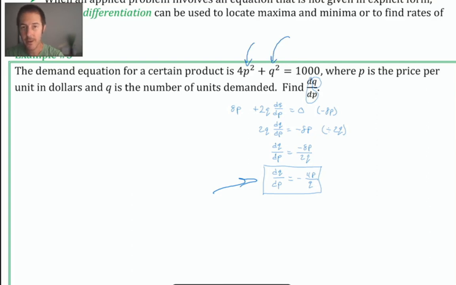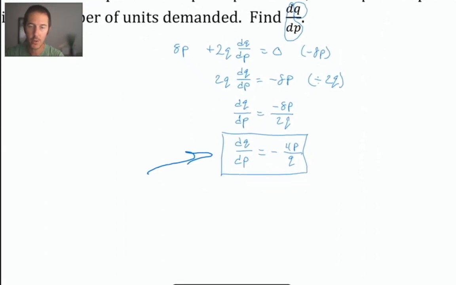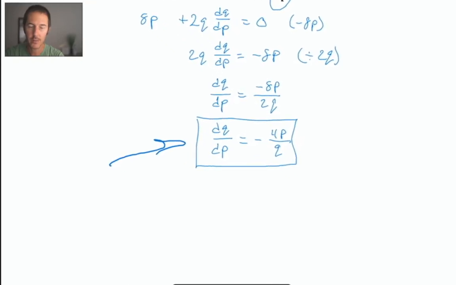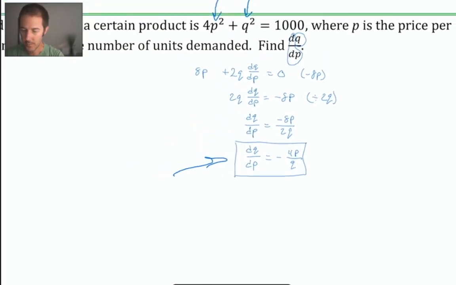Then you would have a p value to go along with your q value. You could plug the p and the q into the right-hand side of this equation, and finally calculate your rate of change, which is the left-hand side.